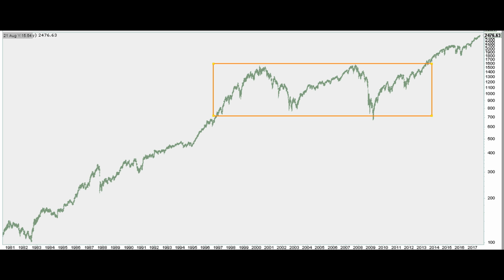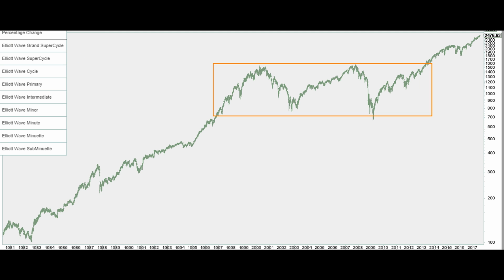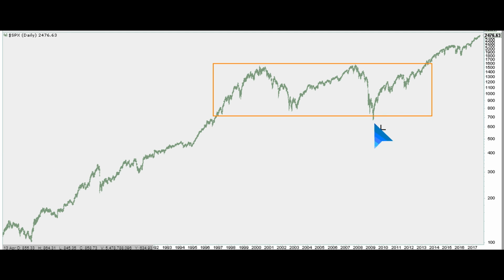One thing I want to highlight here is a lot of times the financial media will reference a bull market that's over 8 years old, and they're really referencing a start of a bull market here, and today we're at this level here, when in fact we would disagree with that information.